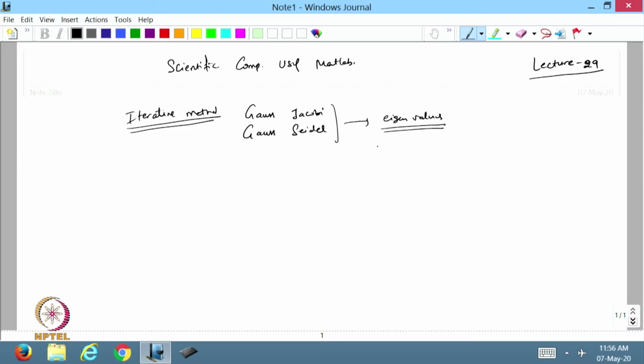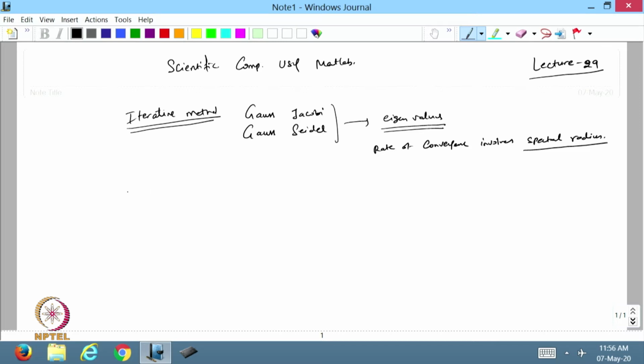The rate of convergence involves the spectral radius. So, the question comes: how to find the eigenvalues of the matrix.